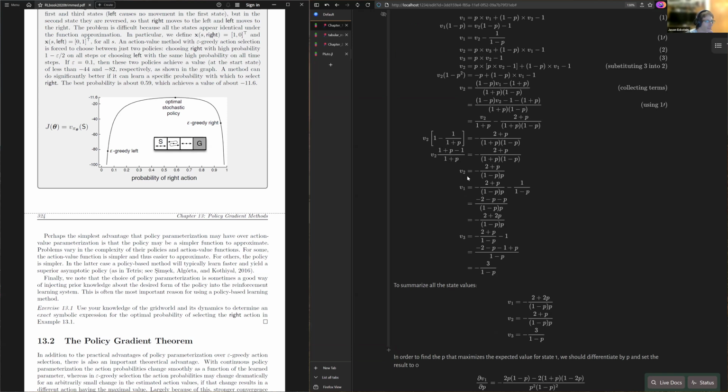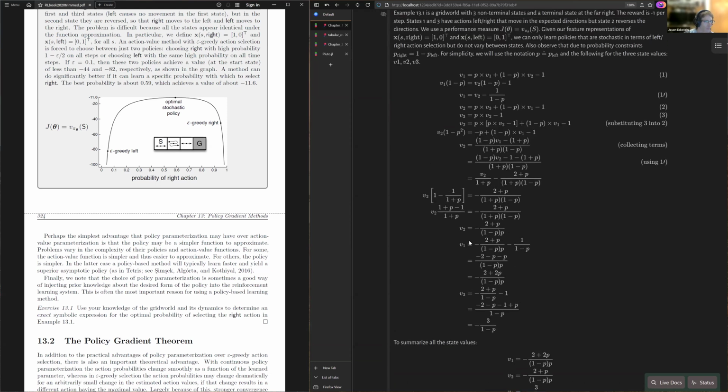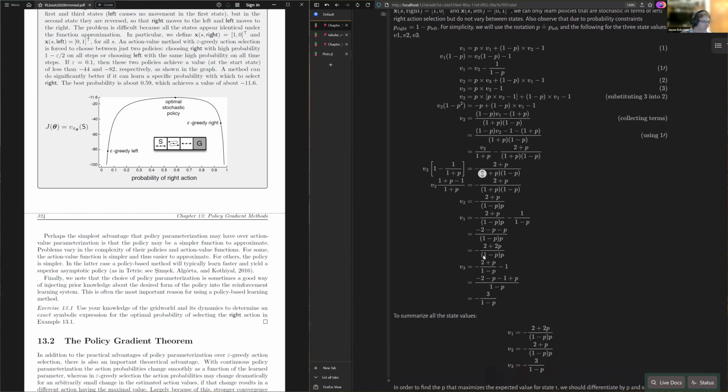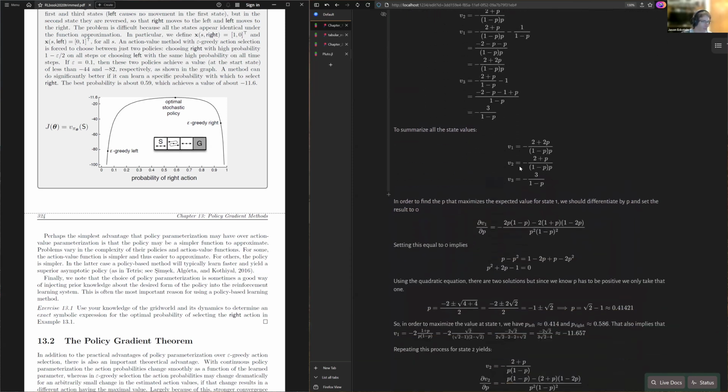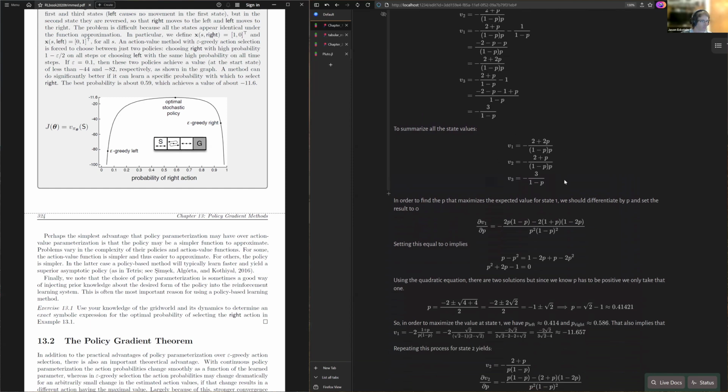But you end up finally with this expression for V2, only in terms of P. So here I've already replaced the V1 with V2. This is just a matter of collecting terms and isolating V2. Then, we can go back, plug this expression for V2 into V1, simplify it, and similarly for V3, we have our exact expression for V2. We can plug into V3. So to summarize the state values, this is what they are.